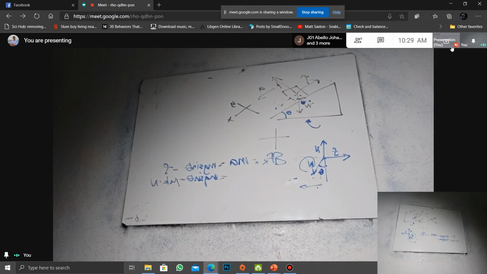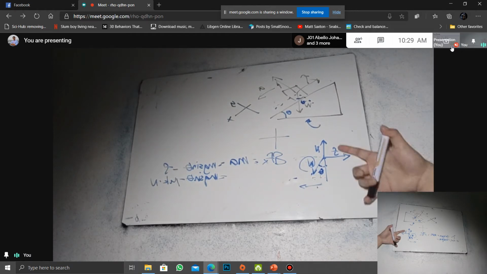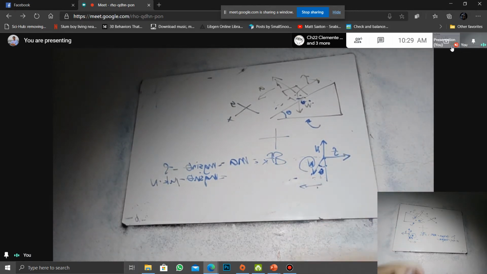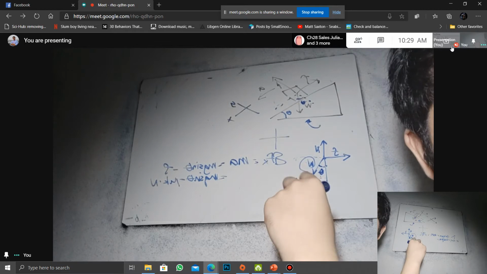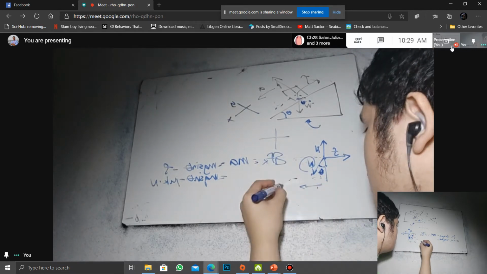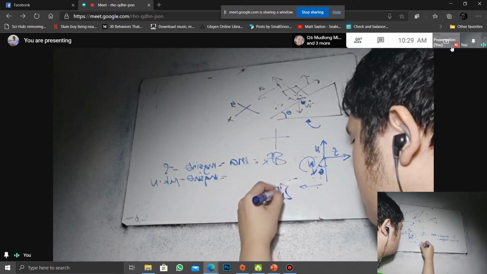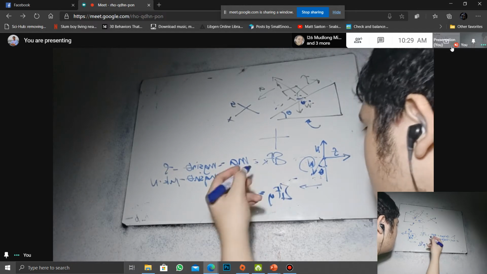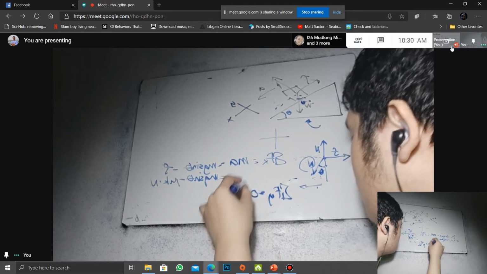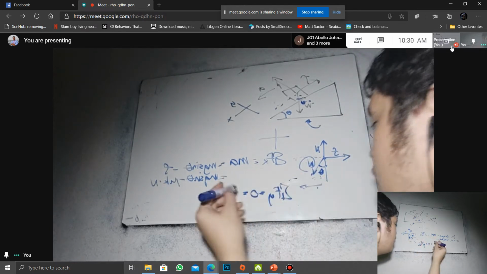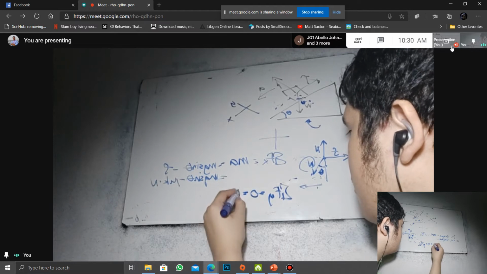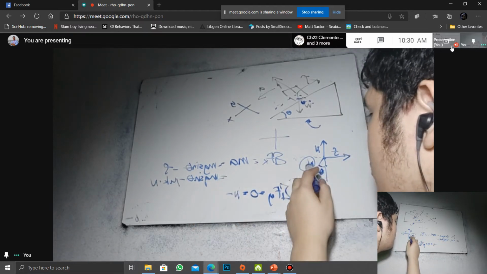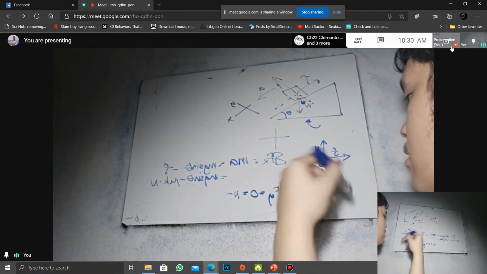So, i-resolve natin yung y-axis. Wala siyang net force sa y-axis kasi pareho lang yung ginagalawan niya. Wala naman siya tumatalon, di ba? So, sum Fy equals to 0 equals to N. Tapos ngayon, meron tayong weight na pababa rin.